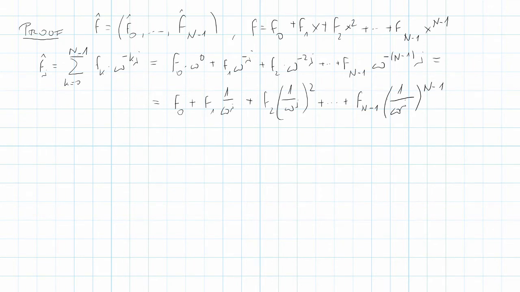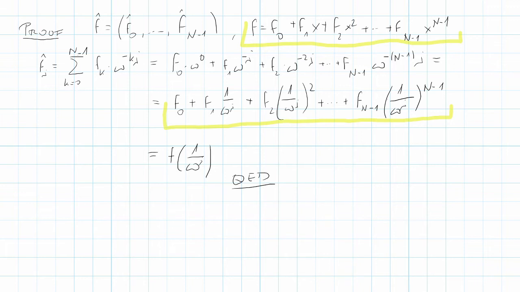And now if we look here and here, we immediately see that this thing is nothing else but f at 1 over the jth power of omega, which is exactly what the assertion says.